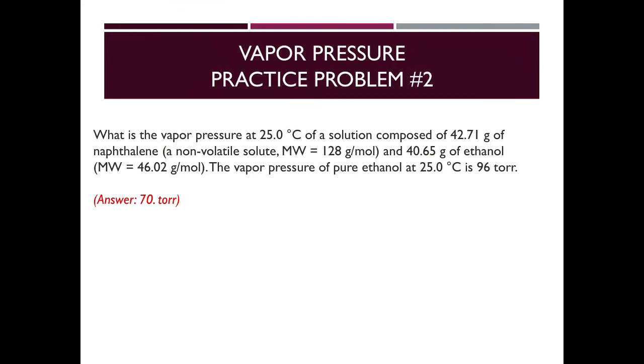So essentially we have some naphthalene that we dissolved in our ethanol, our solvent, and we're trying to figure out what the vapor pressure of our solution is. Naphthalene is our solute, and ethanol is our solvent. Again, we remember that the vapor pressure of our solution is going to equal chi of our solvent times the vapor pressure of our solvent.